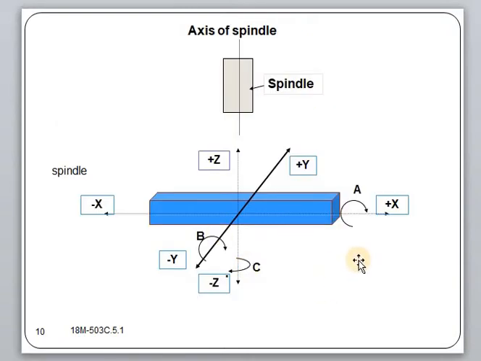So observe this picture. These are the rotational axes A, B and C. To distinguish positive from negative angular motions, the right hand rule can be used.